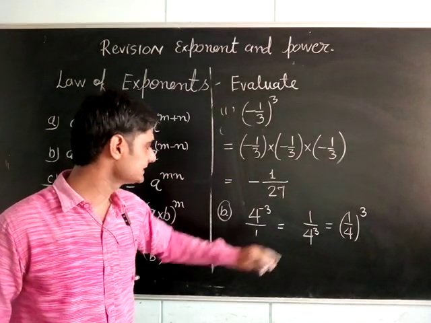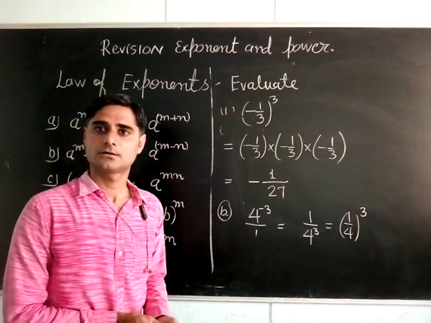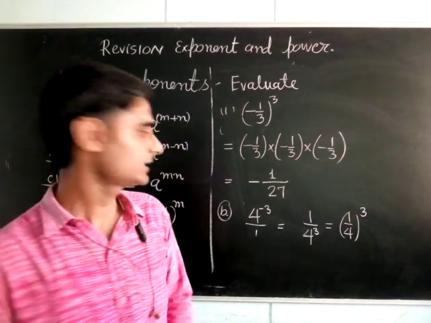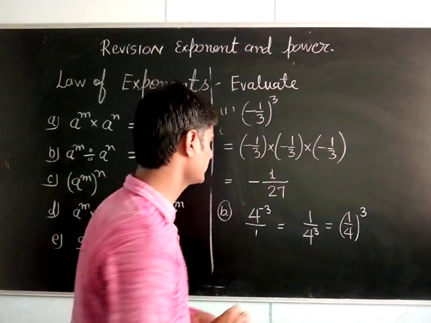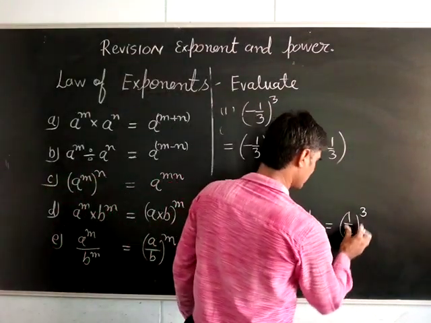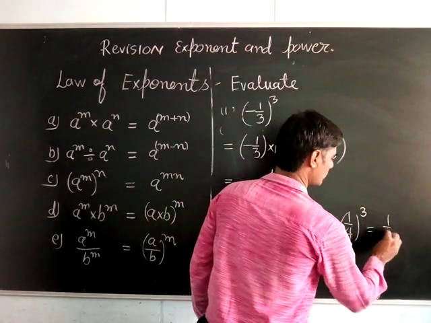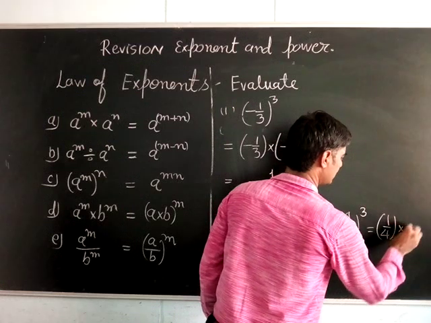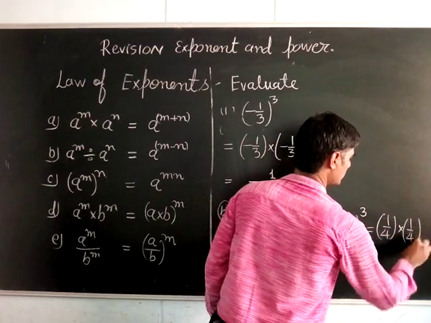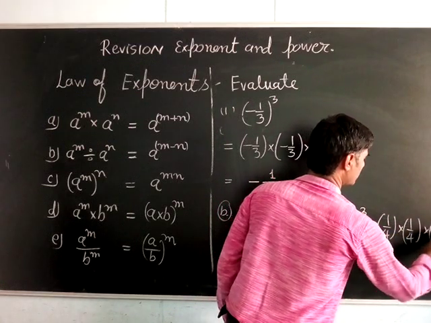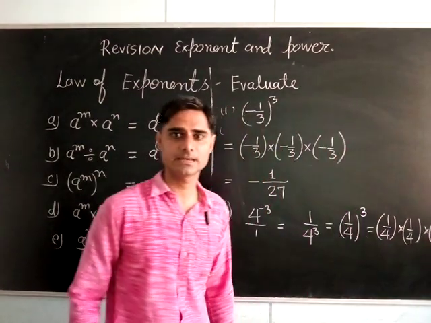Yes, this is the reciprocal, you can say, and this is the solution. Okay, now we have 1 upon 4 whole power 3. So can we write this one 3 times? 1 upon 4 multiplied by 1 upon 4 multiplied by 1 upon 4, 3 times can we write?